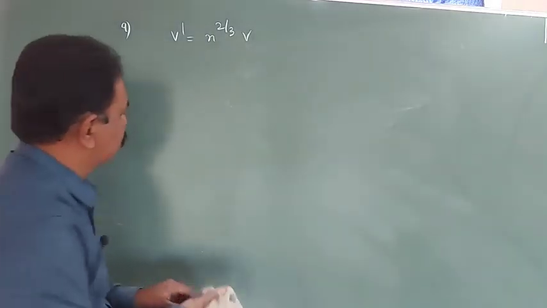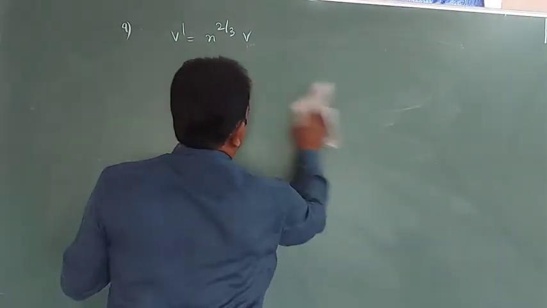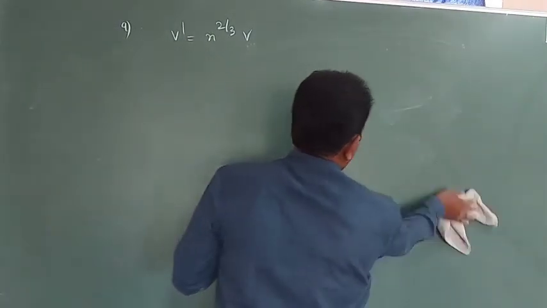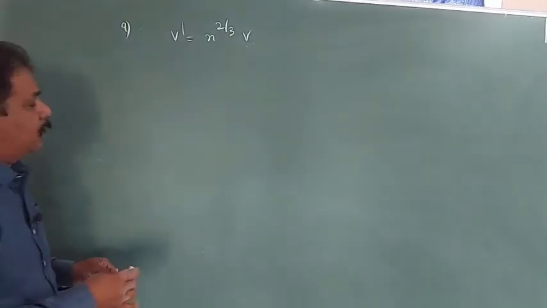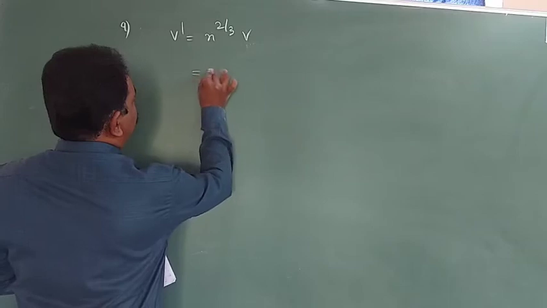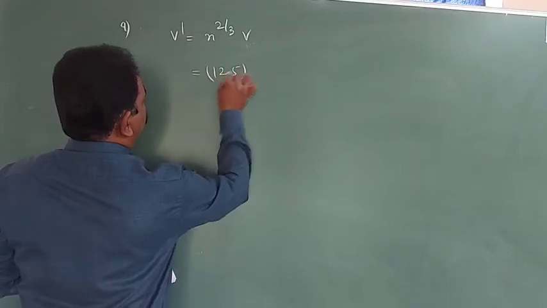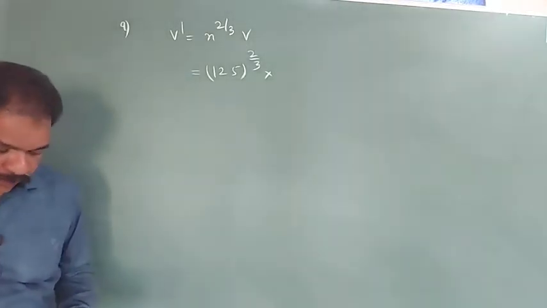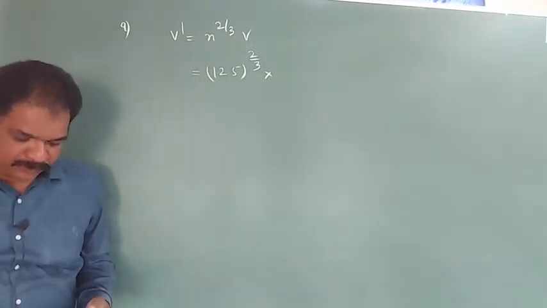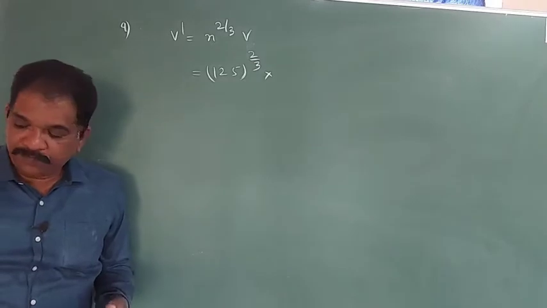Okay, so here n is 125, they gave. 125 power 2 by 3 into V value, which is 50.